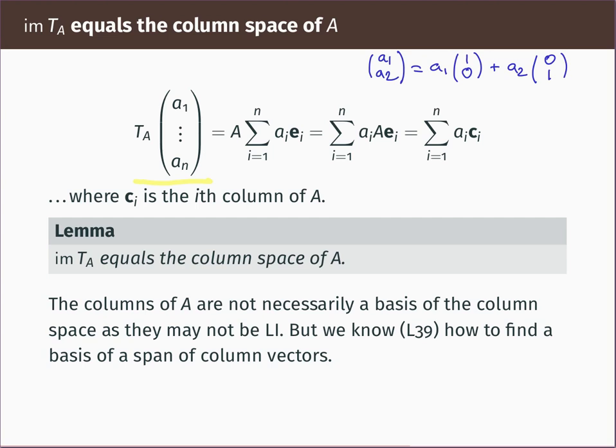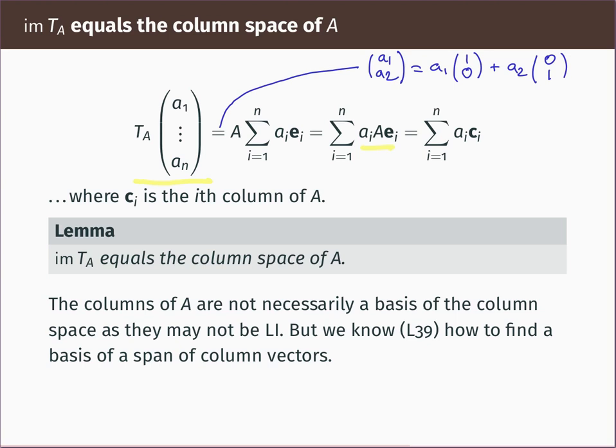So that's all that's going on in this equality. We're using the definition of TA and we're just replacing the vector (a1, down to an) with the sum of ai times the ith standard basis vector. Because multiplication by A is a linear map, you can move it through the sum like this and get the sum of lowercase ai times A times ei.